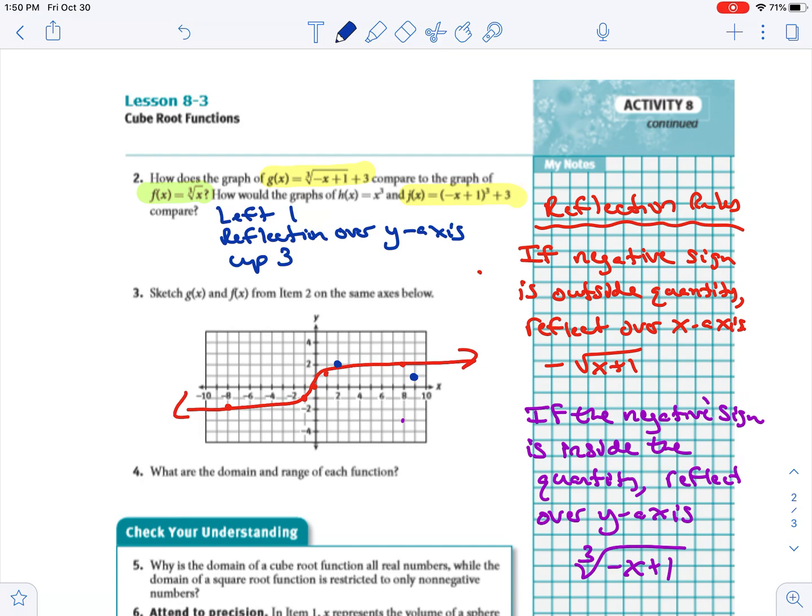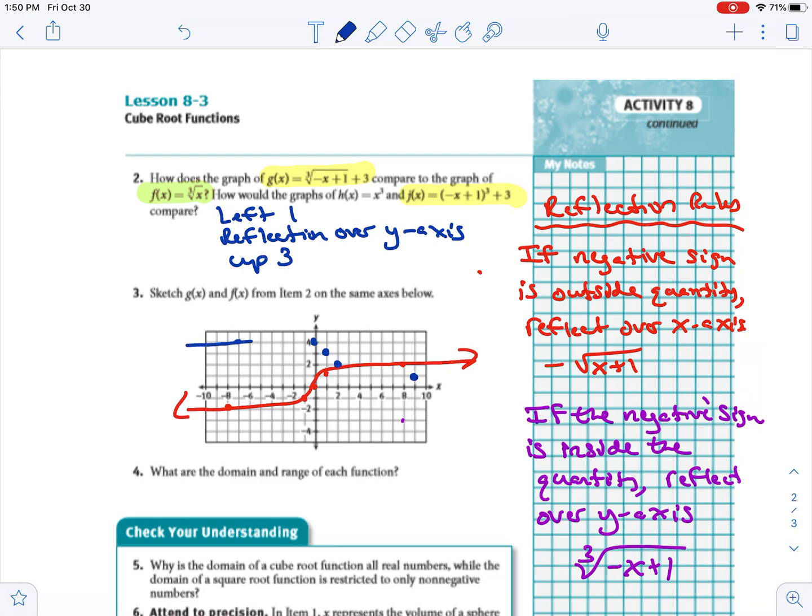Then the origin ordered pair, left 1, flip, 1, 2, 3, puts it up here. Okay, the one at 1, 1, I go left 1, flip, 1, 2, 3, puts it up here. And our very last one, we go left 1, that puts it at 7, flip, so it puts it at -7. And finally up 1, 2, 3.